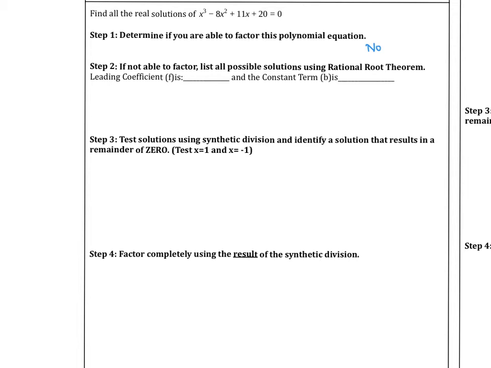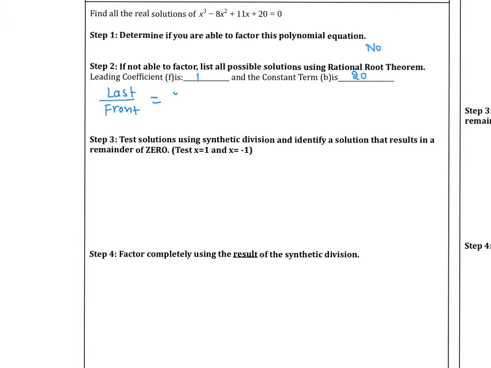Step number 2 is, if you're not able to factor, list all possible solutions using the rational root theorem. So you're going to have to find the leading coefficient and the constant. The leading coefficient for this equation is 1 and the constant term is 20. Now we are going to find the factors of the last number divided by the factors of the front number.